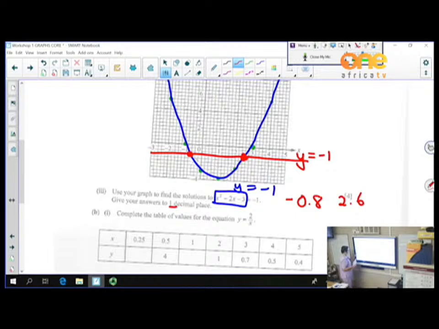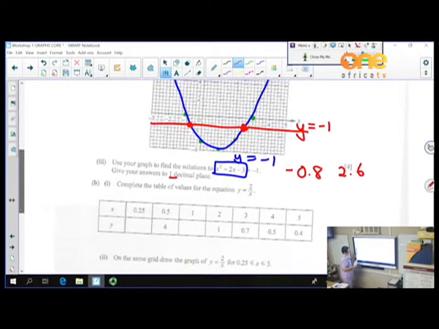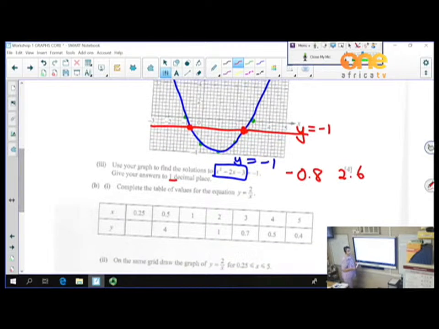Okay. Now we go to the second graph, but we're going to draw it on the same axis. But first we have to complete the table. And immediately I can see that this is a hyperbola. That's the third kind that we've learned now there. So the shape is going to be something like that. Again, we have to complete the table, and we do that with substitution.